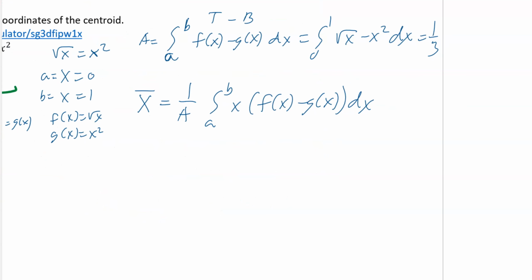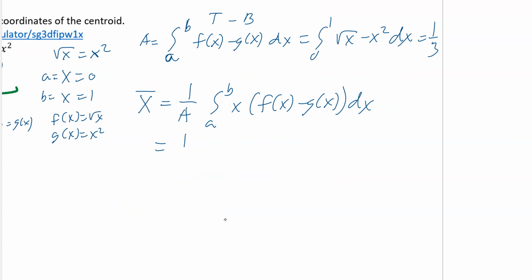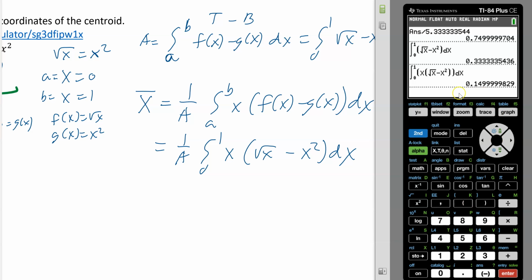So now let's plug it all in. So we end up with 1 over a integral from 0 to 1 x times rad x minus x squared dx. And we plug this in our calculator. And again, you can solve this all very easily analytically, but just to save time, we're going to plug it in the calculator. So that's what we have there.